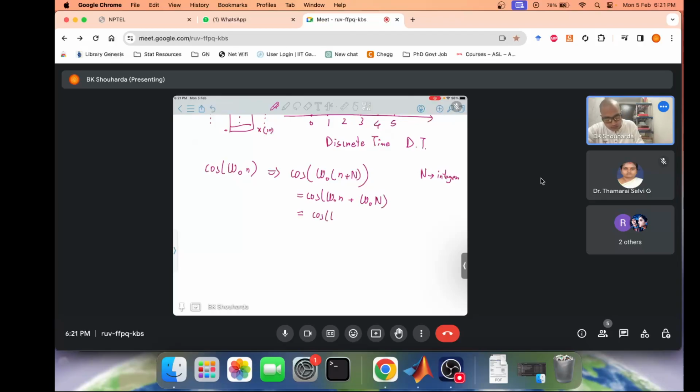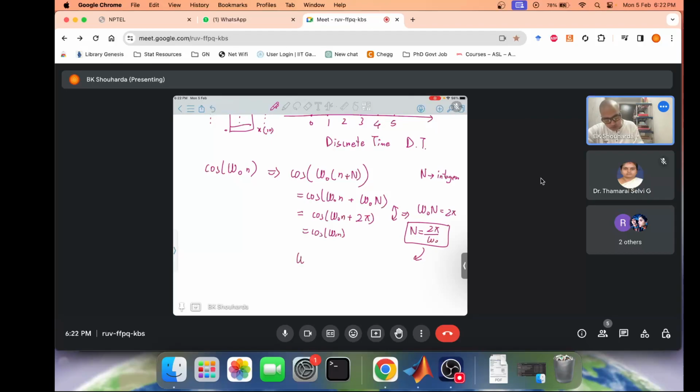So what do we want? We want it to repeat, and in order to allow this repetition to hold, we have omega naught times N equal to 2 pi. So N has to be 2 pi upon omega. This is the time period, and the time period is also an integer. What does it mean?